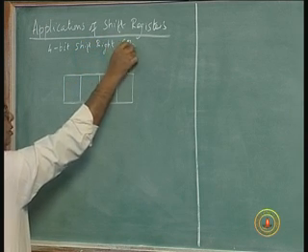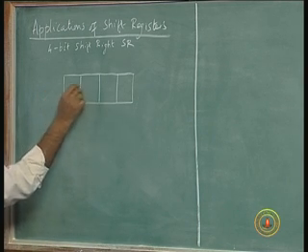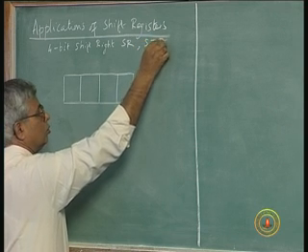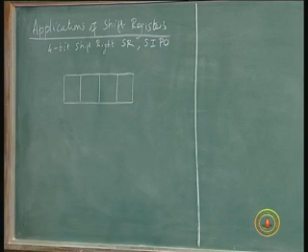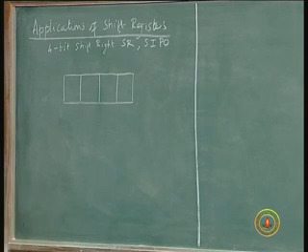Let us assume this is a serial in, parallel out. That means you can put the data in serially, but serial in, parallel out does not mean you cannot put parallel data. Parallel input also will be there with the loading feature, but otherwise normally data is put through the serial input.